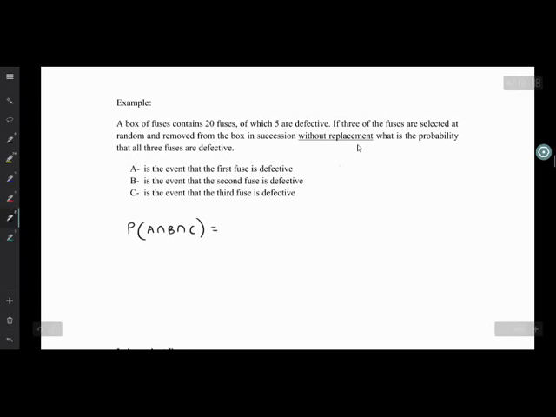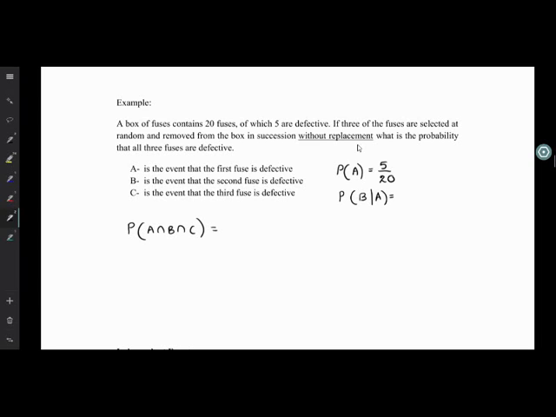Now we can apply theorem 2.10 here, but first we have to identify the corresponding probabilities. What is the probability that if you pick the first one, it is a defect? We know that there are 5 defects out of 20. What is the probability that the second is a defect, knowing that the first is a defect?